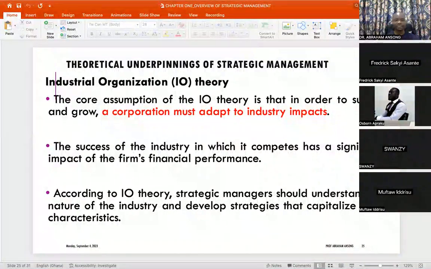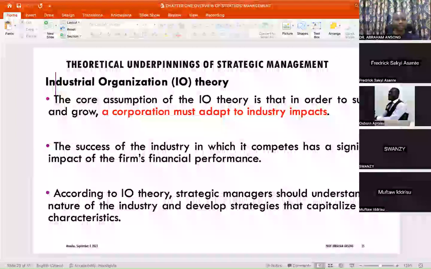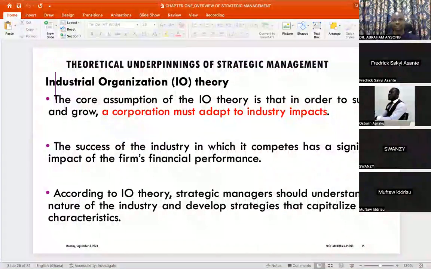That is why when we're learning strategy, emphasis is laid on the external environment, that you need to pay attention to your external environment because it could be posing a threat or it could be providing you with certain opportunities. That view is coming from the theory known as industrial organization.